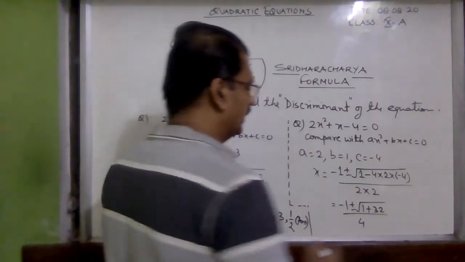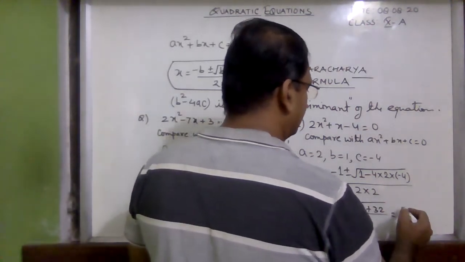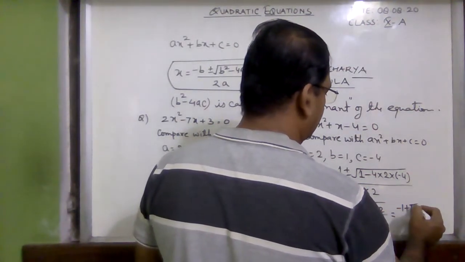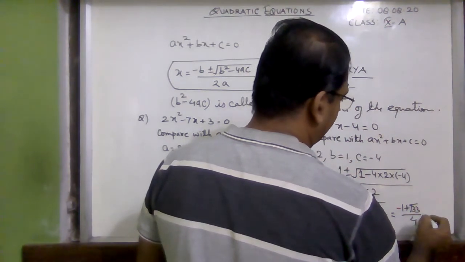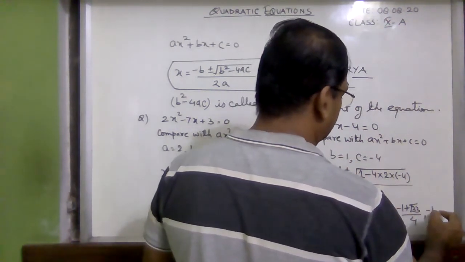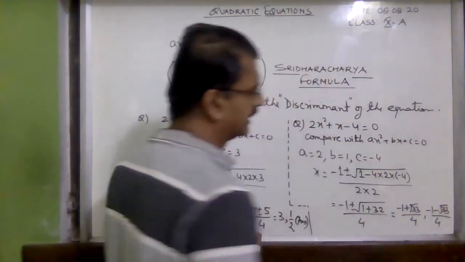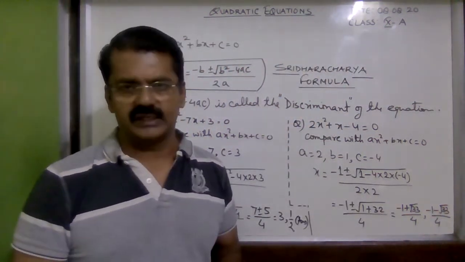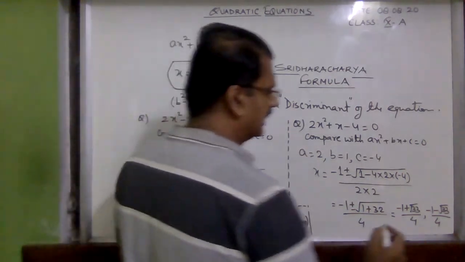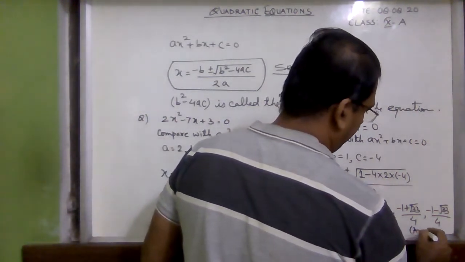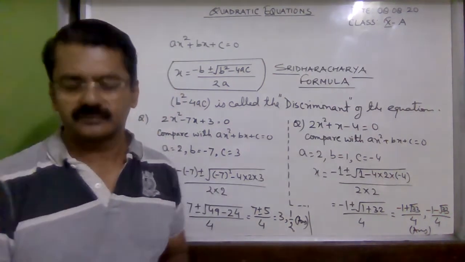What we do, if you use plus sign, then it will be (−1 + √33) upon 4, and if you use minus sign, then it will be (−1 − √33) upon 4. So these are the two values of x. Clear?